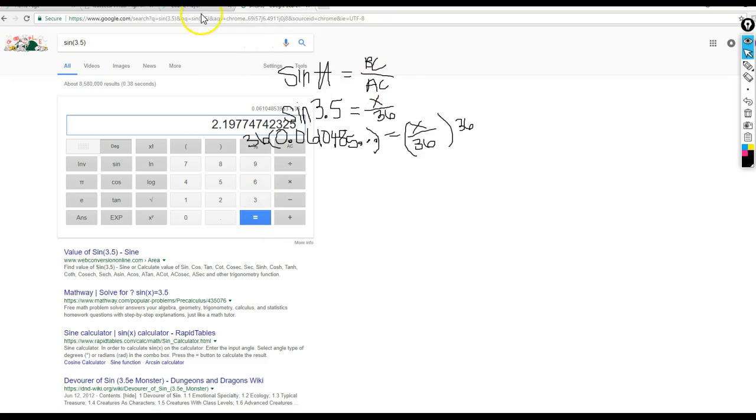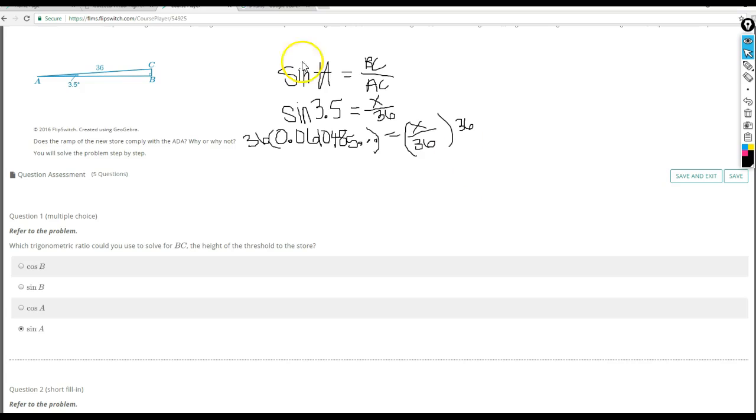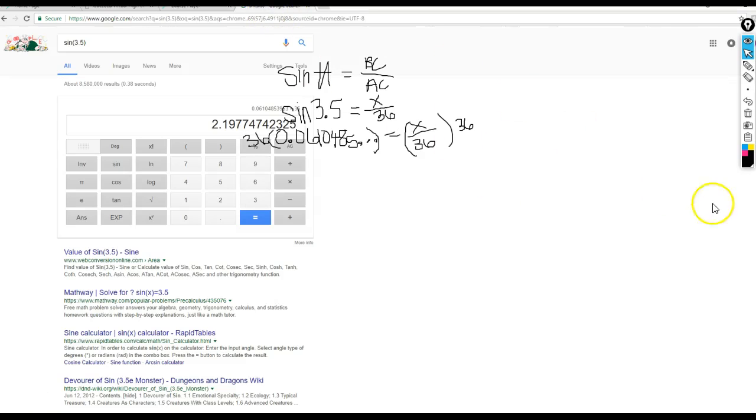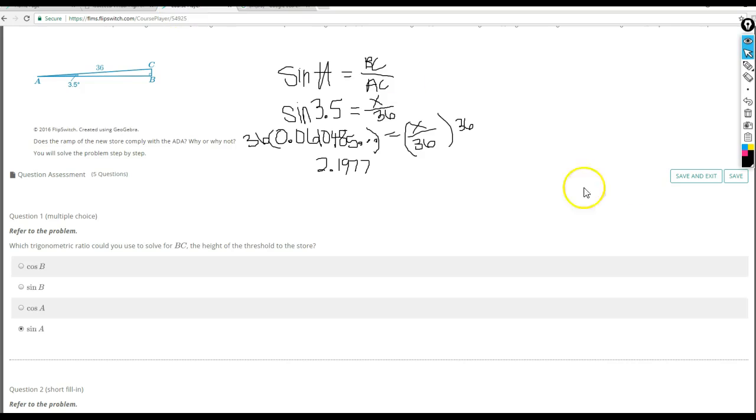And that's going to equal 2.1977. And that is going to equal x over 36 times 36 results in 36x divided by 36. 36 divided by 36 is a form of 1.